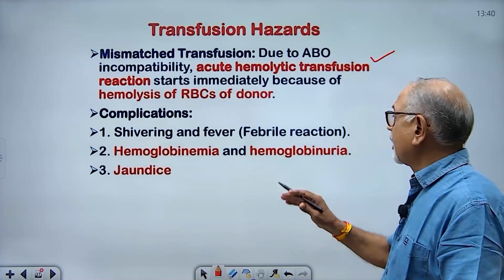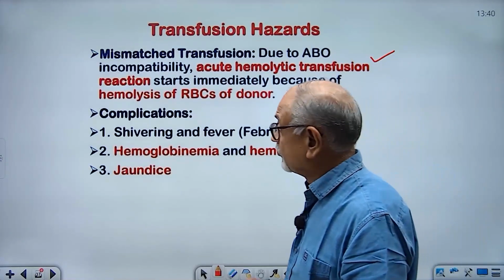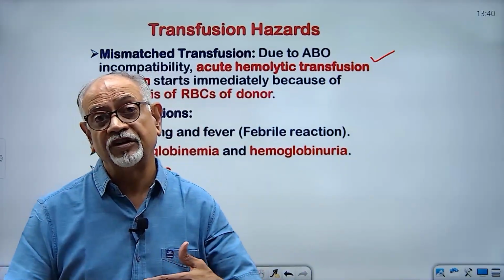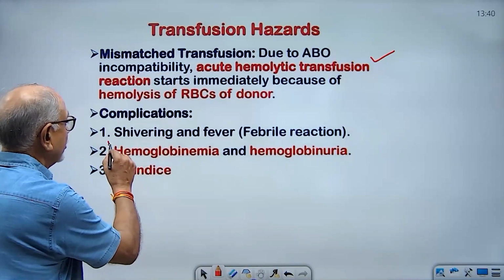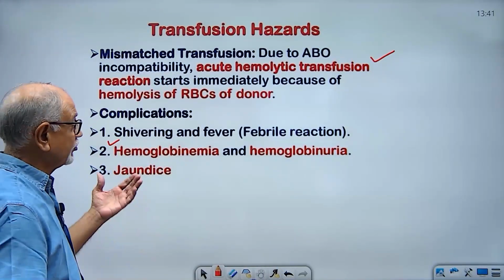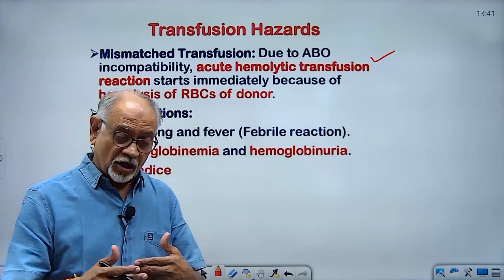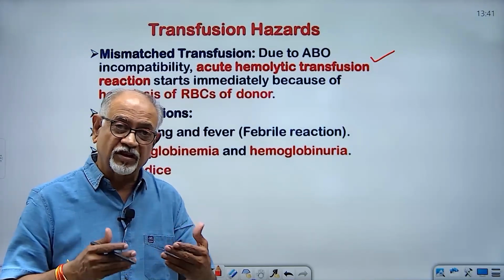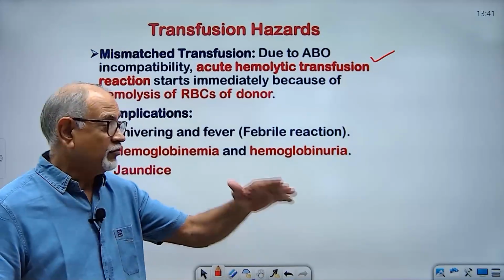hemoglobinemia and hemoglobinuria. That means when the blood cells are broken, a lot of hemoglobin is released in the blood. That is a condition called hemoglobinemia, that means hemoglobin in blood. And when more hemoglobin outside RBCs is available in the blood, it is filtered in the kidney and passes in the urine.